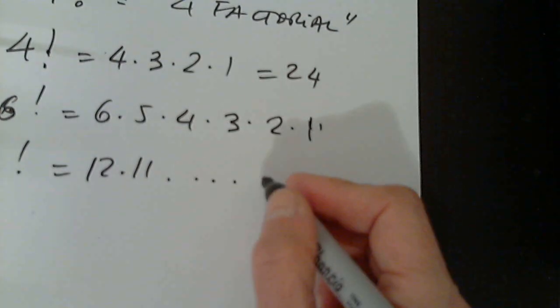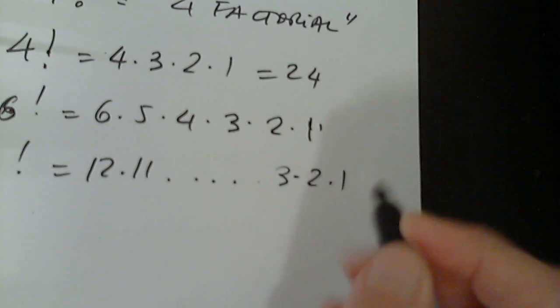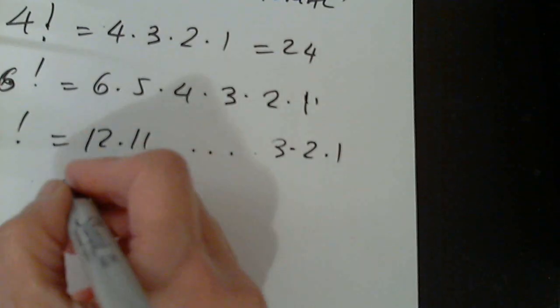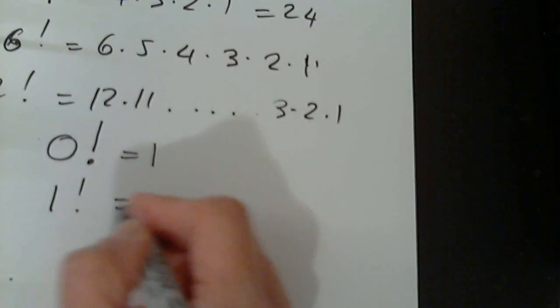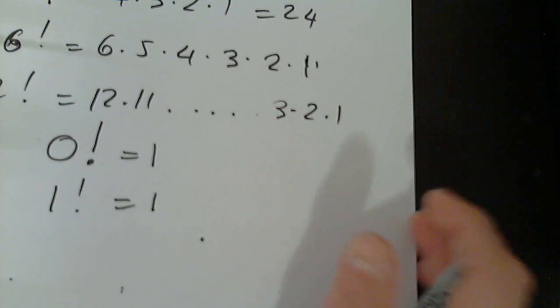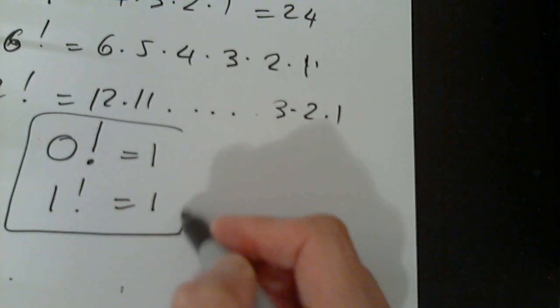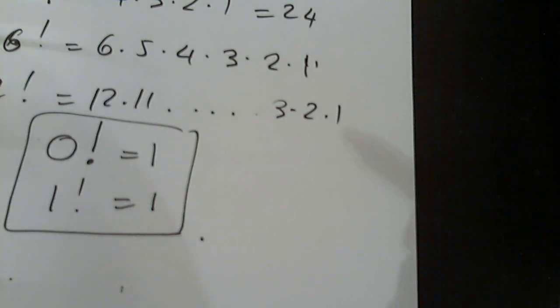I'm not going to copy all of them. Times 3 times 2 times 1. By convention, 0 factorial is 1. And you can say, but 1 factorial is also 1. True. So by convention, 0 factorial and 1 factorial are equal to 1.